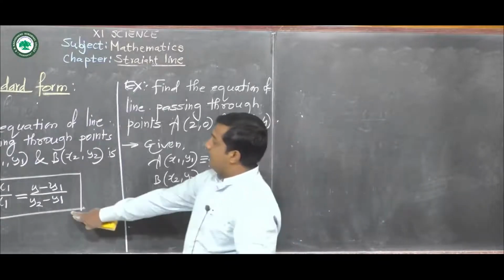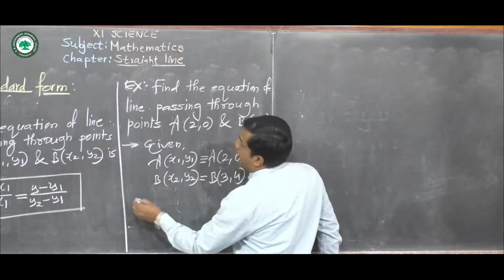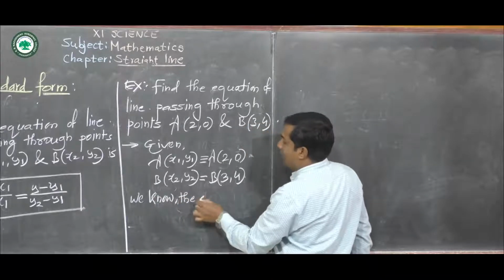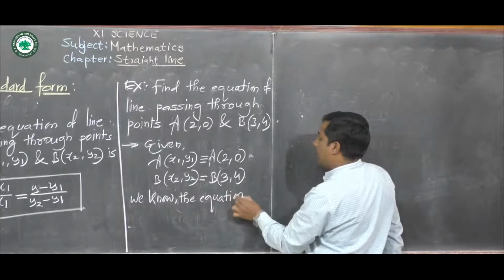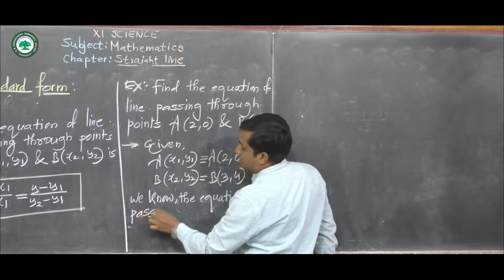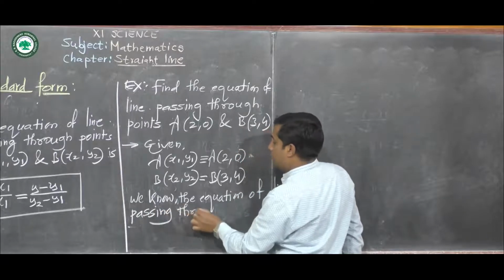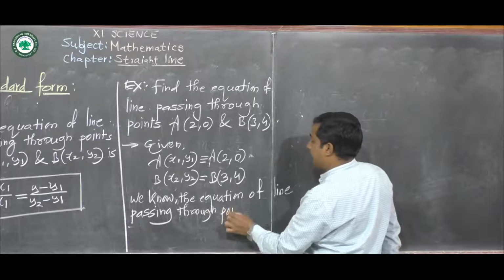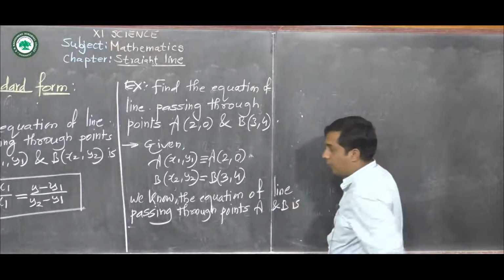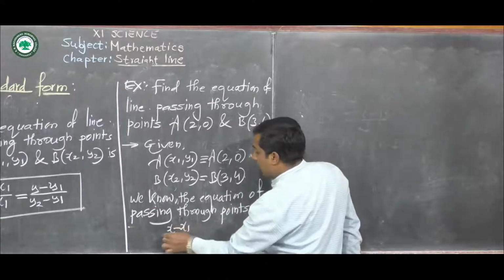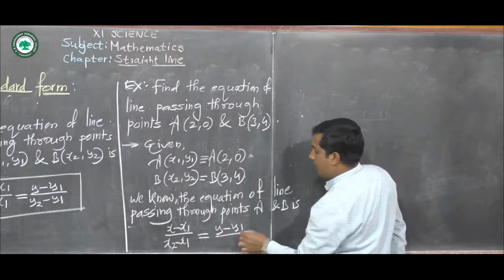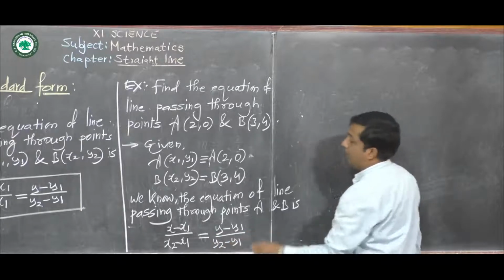Okay, now we go with directly this form. Here I write, we know the equation of line passing through points A and B is (x minus x1) upon (x2 minus x1) equal to (y minus y1) upon (y2 minus y1).